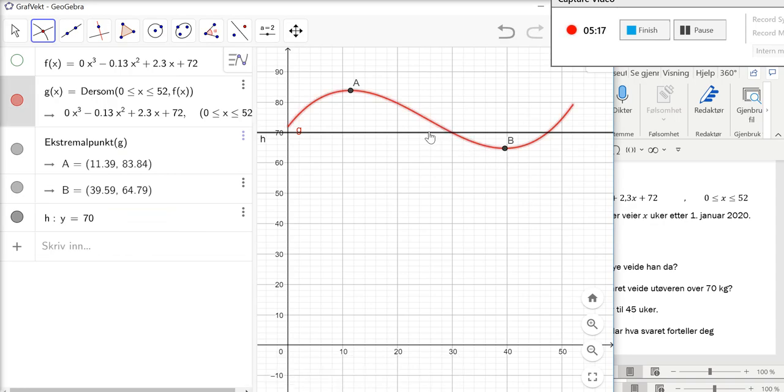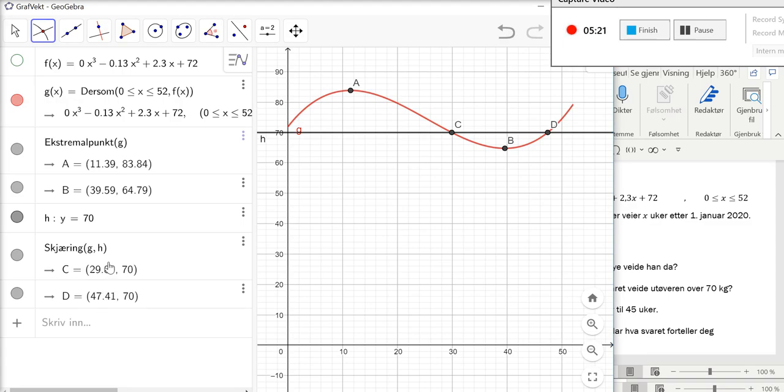Just press the graph and the line and we get these two answers here. So he weighs above 70 kilograms for approximately 30 weeks, and then he's below 70 again, and then he's above 70 between 47 and the rest of the year, which is 52, right?